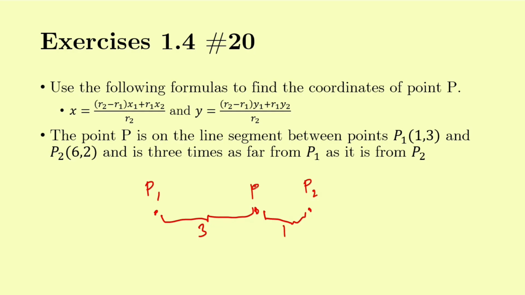Ang gagamitin natin na ratio dyan, yung R1 over R2 is going to be 3/4. So yung R1 is the proportion itself and the R2 is the sum of the values, sum of 3 and 1. So 3/4 ang kanyang ratio. 3 is the value of R1, 4 is the value of R2, and then plug it in our formula here.